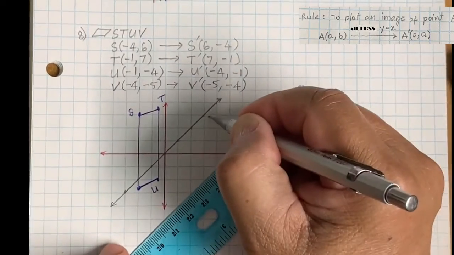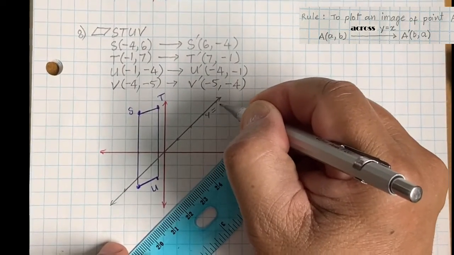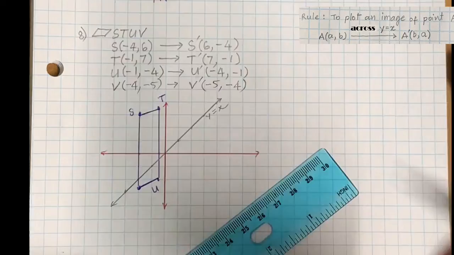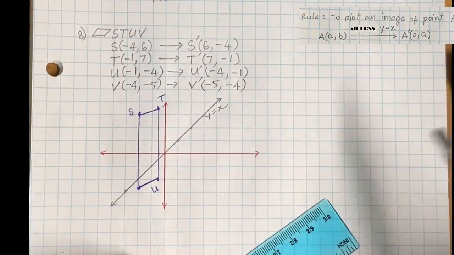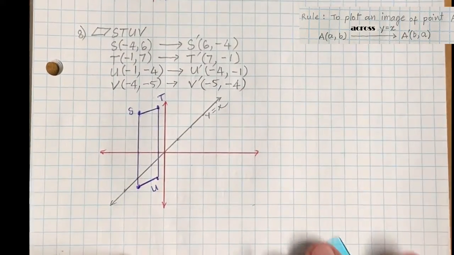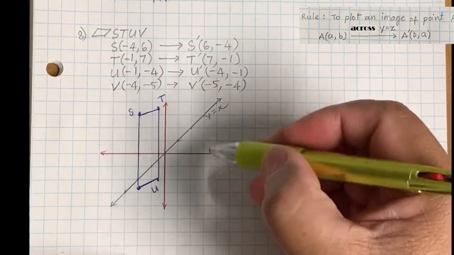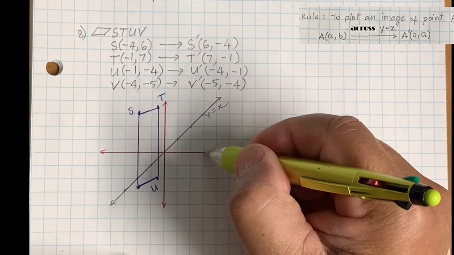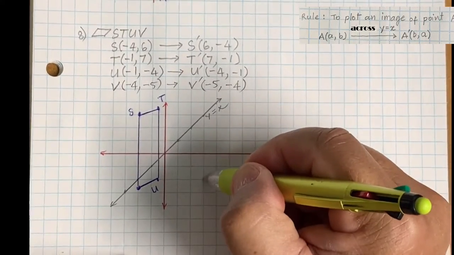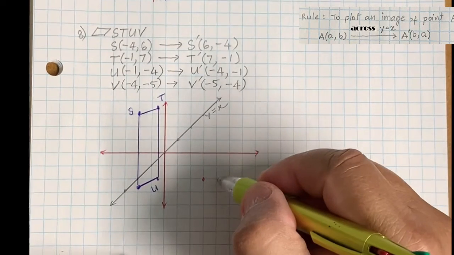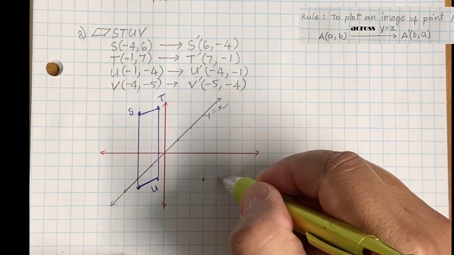This is the line y = x. Now S prime is (6, -4). So this is S prime.